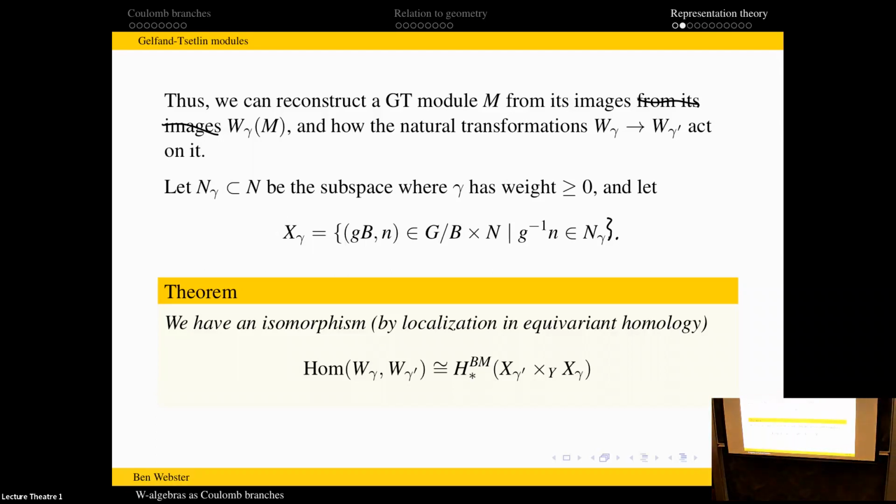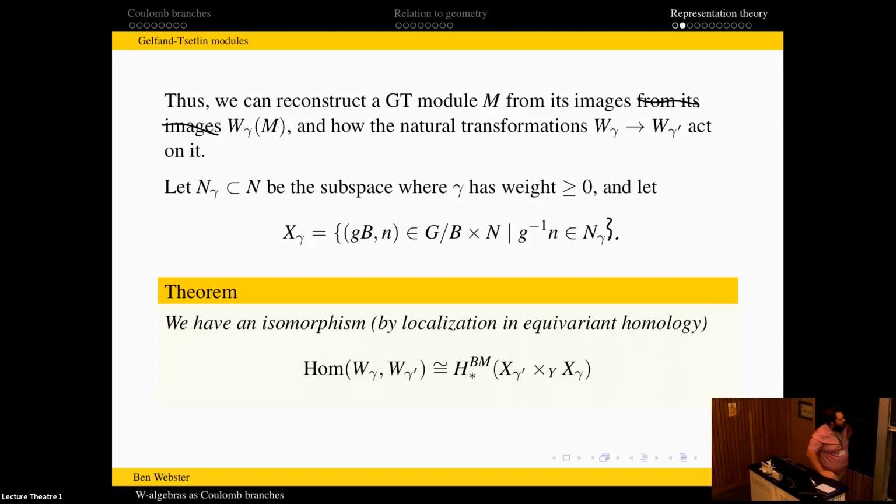It turns out there's a very good way to understand this, which I should say is based on ultimately work of Eric and Michaela about affine Springer theory, and has been expanded on by many people now. So I look at my gamma, there's a cocharacter that corresponds to it. So I can look at my original representation N, and I can look at the space that has weight greater than 0.